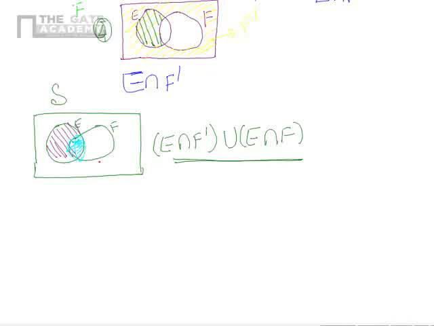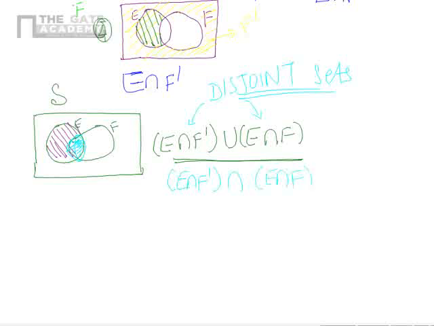Okay. Now what you are observing, these two are disjoint sets. Correct? Because E intersection F complement intersection E intersection F is the null set.